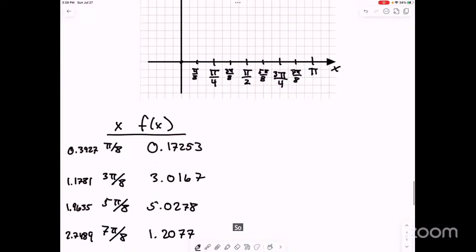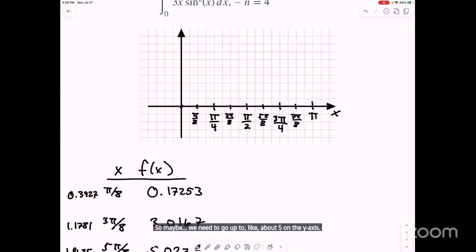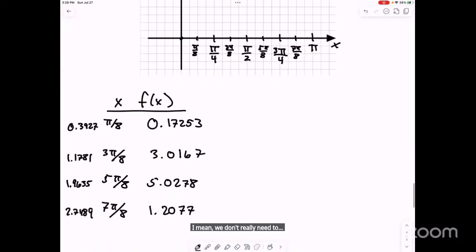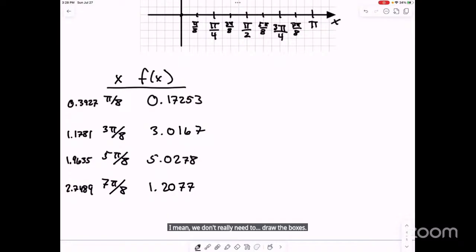So maybe we need to go up to about 5 on the y-axis. We don't really need to draw the boxes. We just need to basically say the width of each box, which is pi over 4, times these y values. All right.